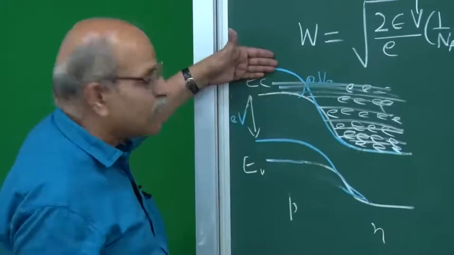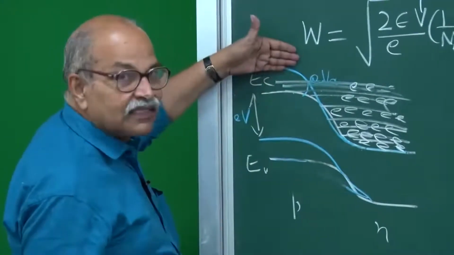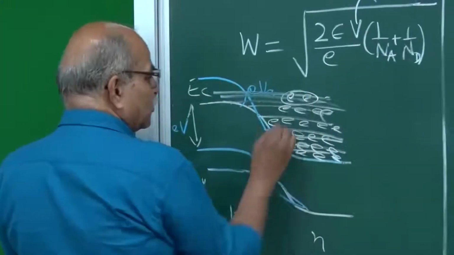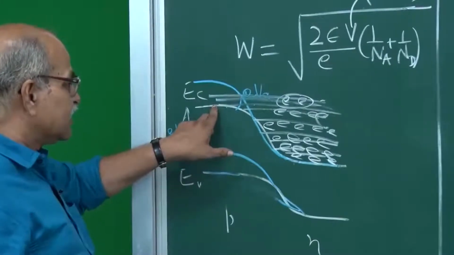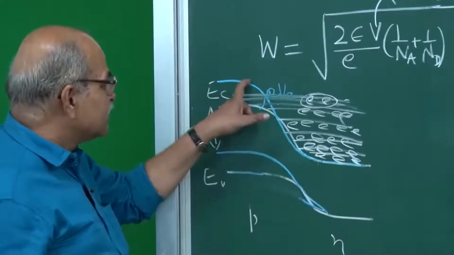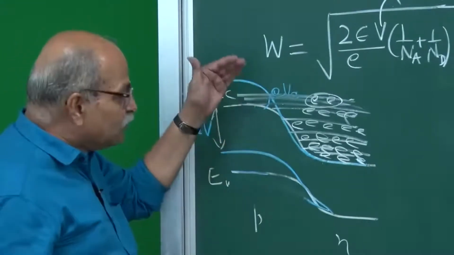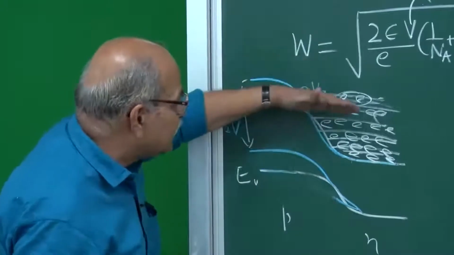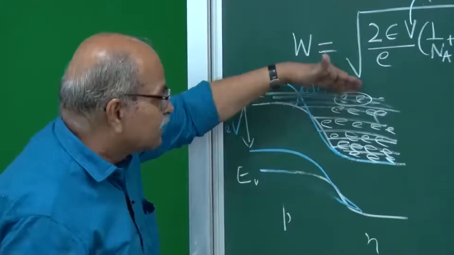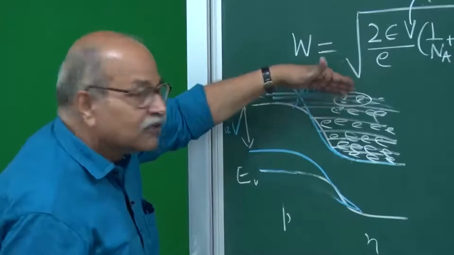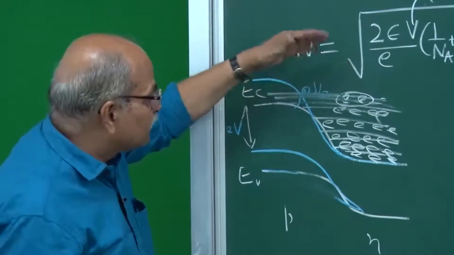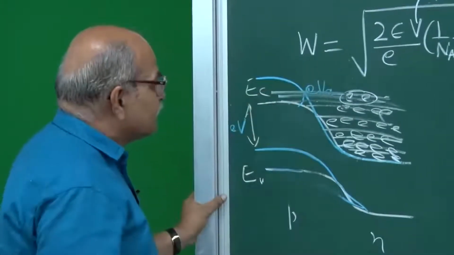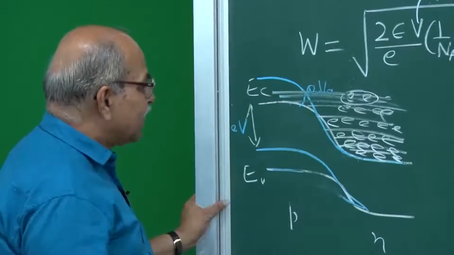And if you reverse bias, if you increase the barrier, then this diffusion will be further stopped, because now this will not go. Originally when your EC was here, this could have gone, but now that EC is here, this will not go. So the diffusion will decrease, and drastically, because as you go up, the availability of electrons here falls drastically. So diffusion current will decrease drastically in this reverse bias.